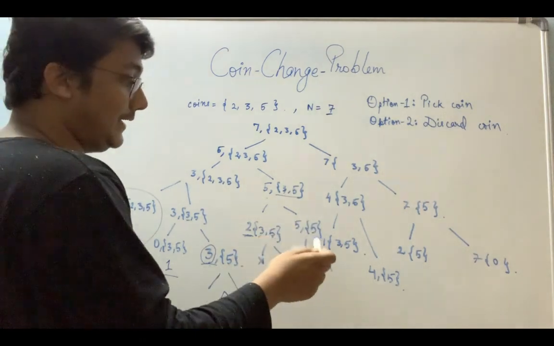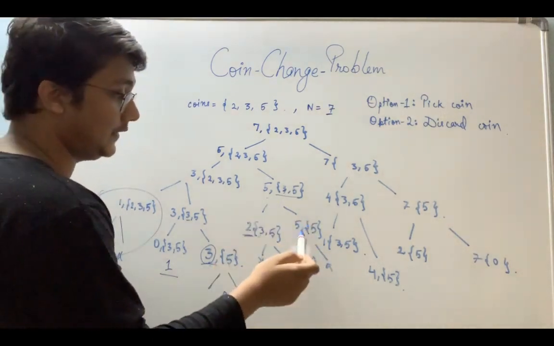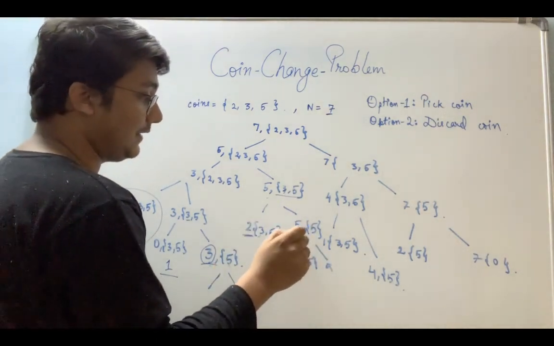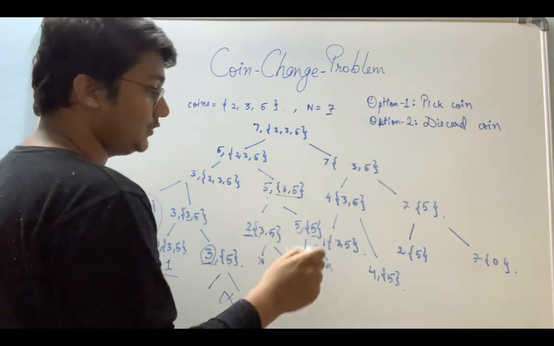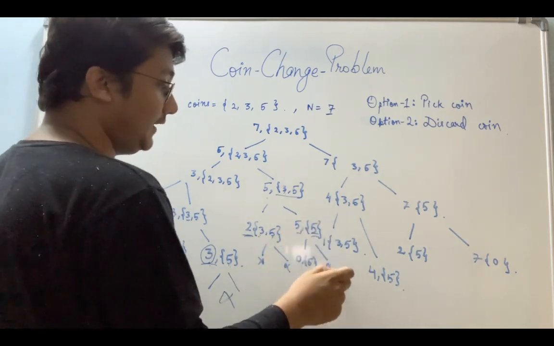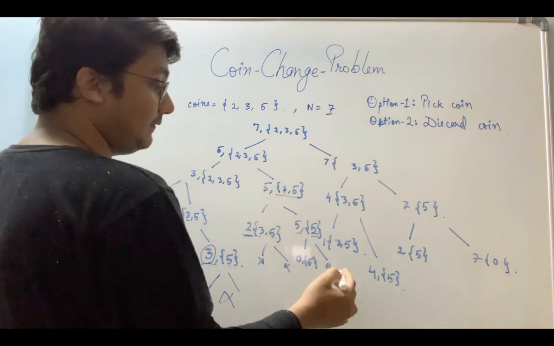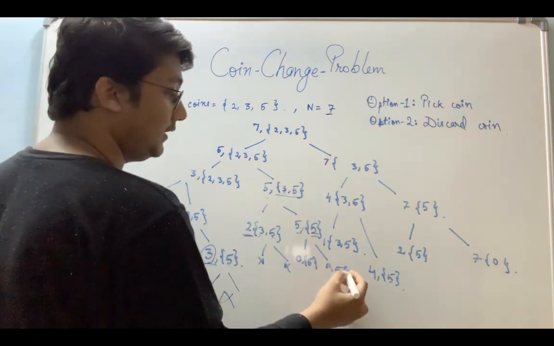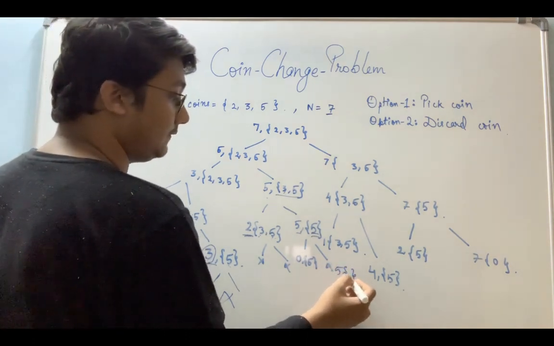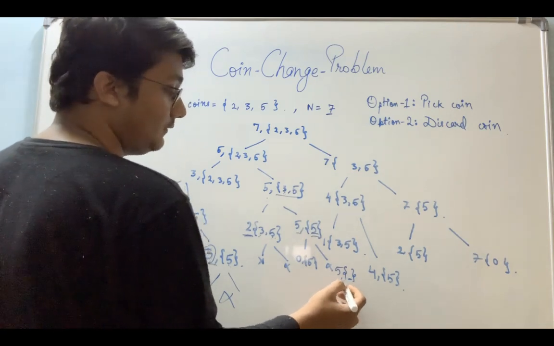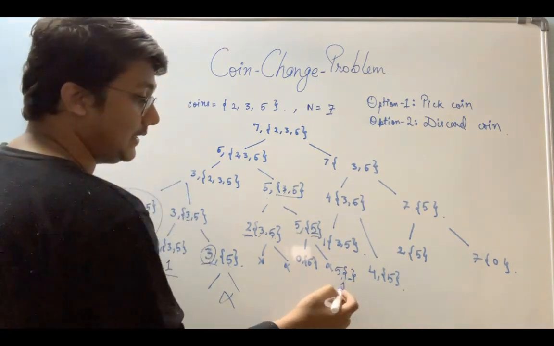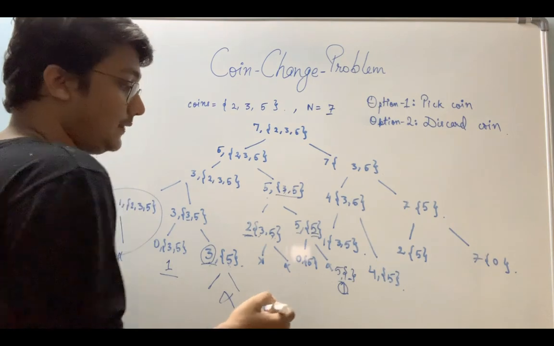Similarly, if we go down this path, you have to make 5 from 5, so you can either pick 5 or discard 5. If you discard 5, you will be left with no coins, so you will never be able to make any changes, so no ways from here.